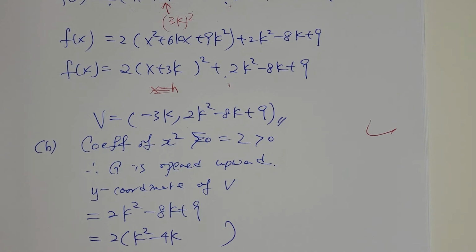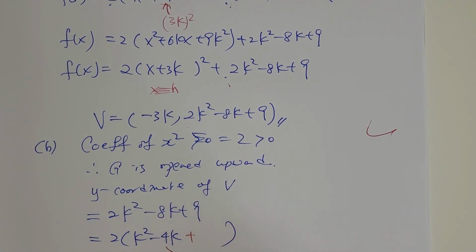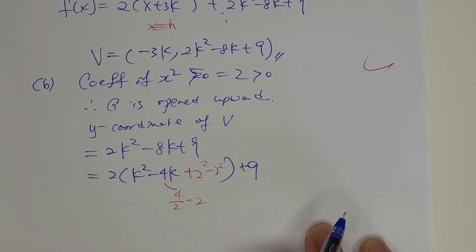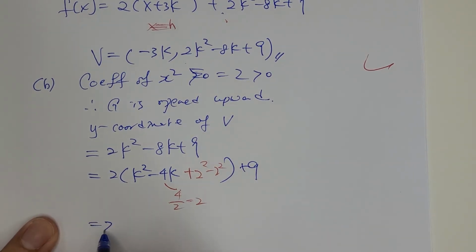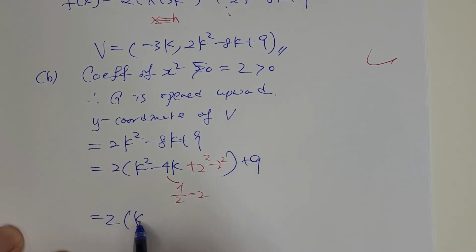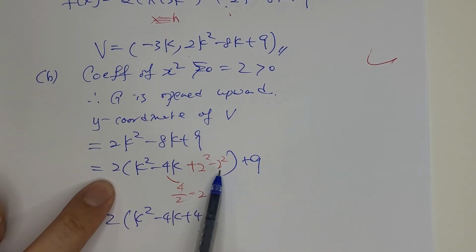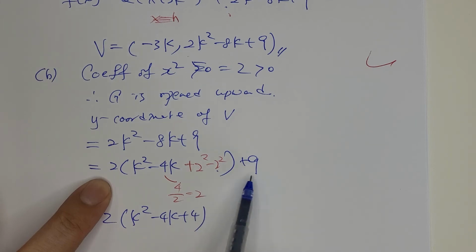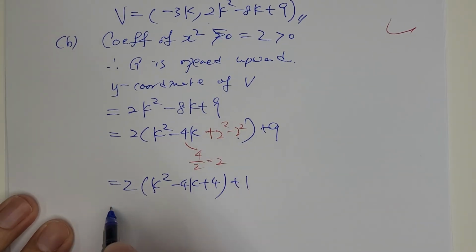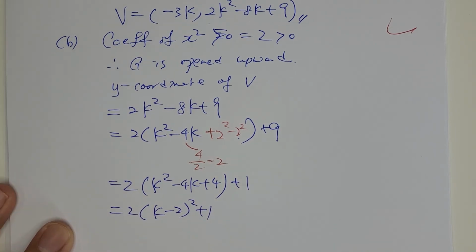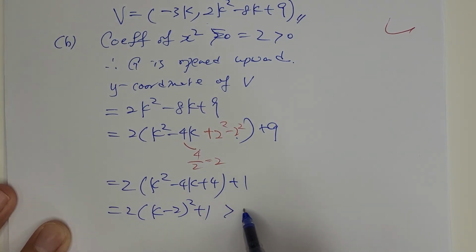And inside this bracket, you can add 4 divided by 2, that is 2. You can take 2 squared and then minus 2 squared. Alright, so here that becomes 2 times (k squared minus 4k plus 4), and 2 times negative 4, negative 8, plus 9, that's plus 1. So there's 2 times (k minus 2) all squared plus 1, okay? Which is always positive.